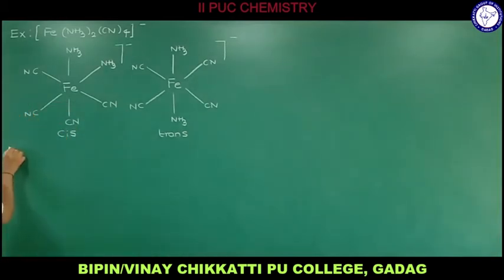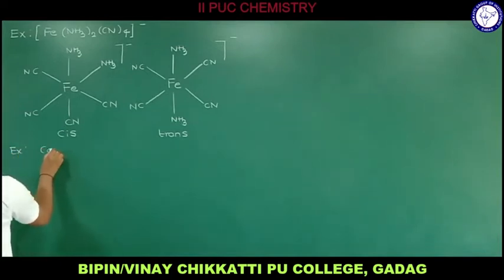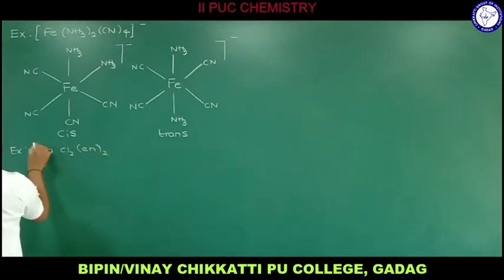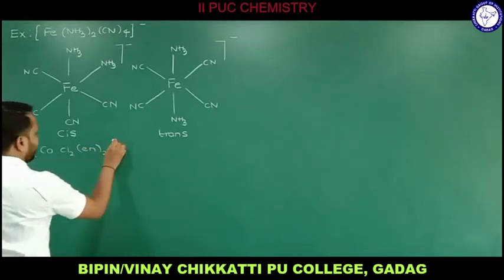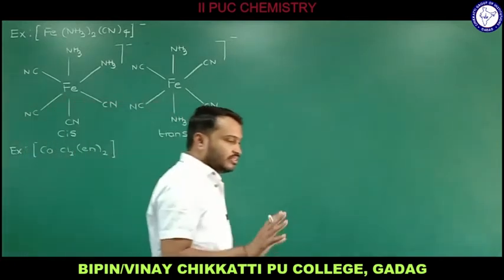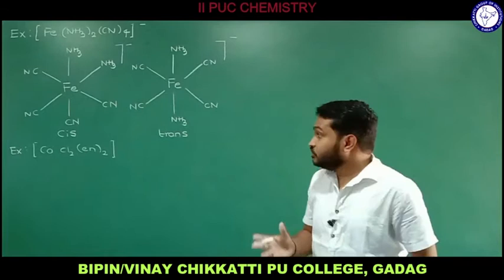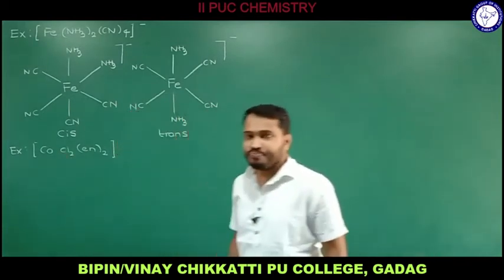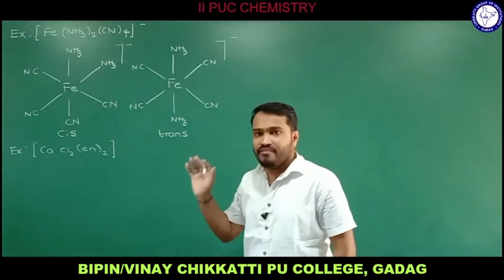One more example. The next example I am going to consider is cobalt with Cl2 and en2. This is the fourth example, and we'll see how we can write the cis and trans geometrical isomers for this one. Cobalt is the central metal atom, and Cl is a ligand.